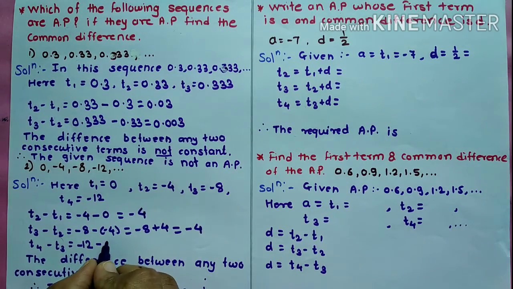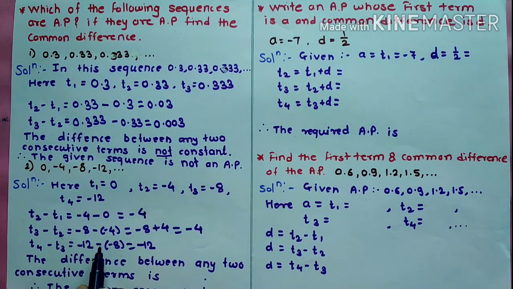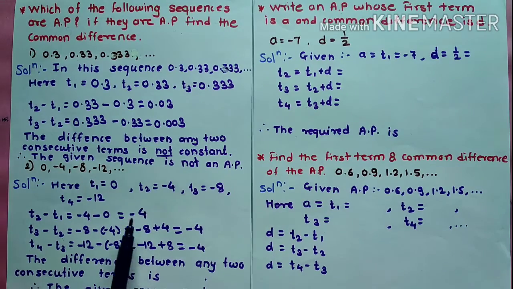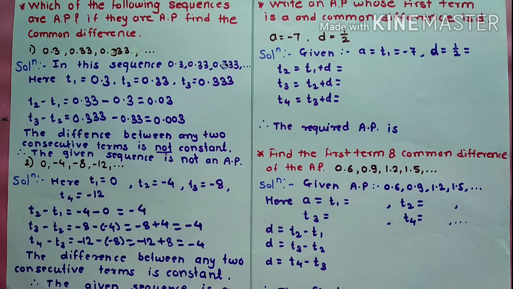T3 is -8, which is -12 plus 8, equal to -4. Here the difference between two consecutive terms is -4, which means the difference is the same. That means the difference between any two consecutive terms is constant. Therefore, the given sequence is an AP and the common difference D is -4.